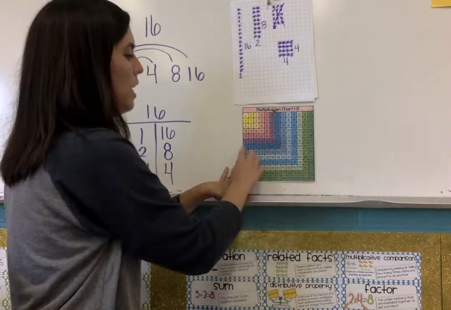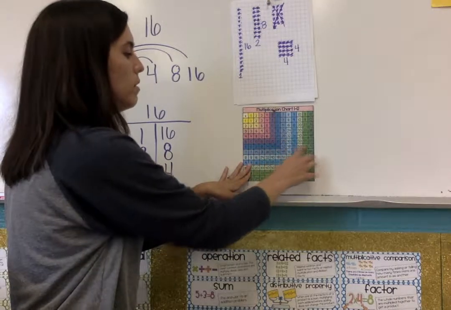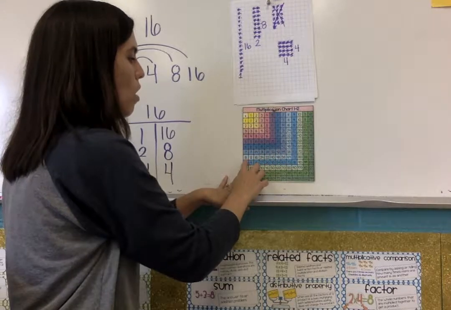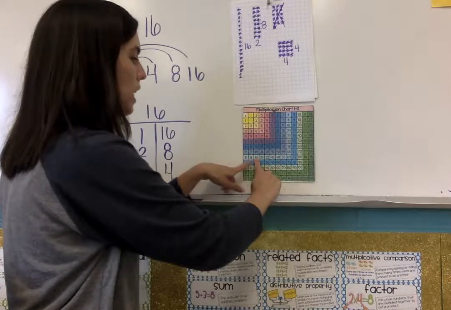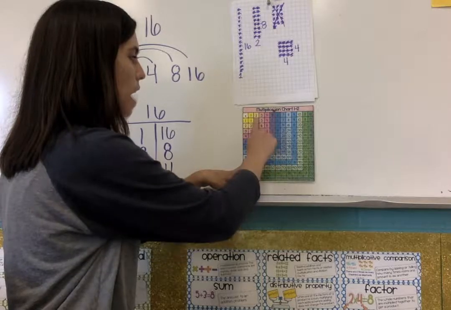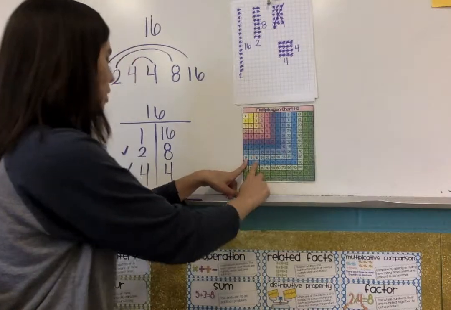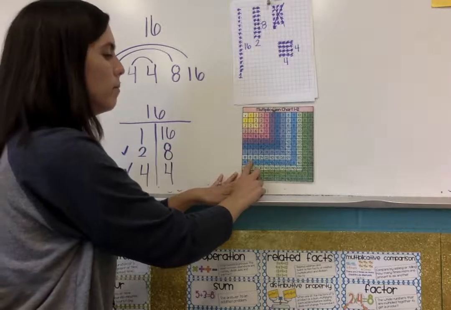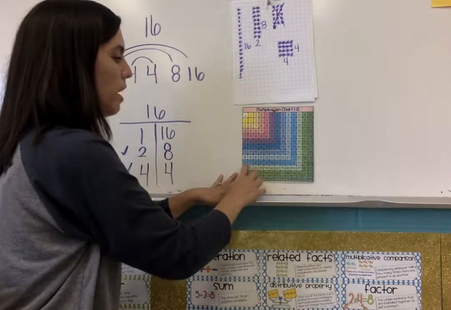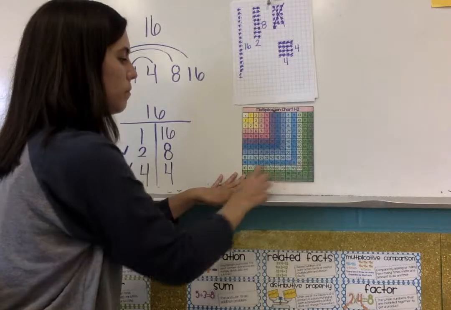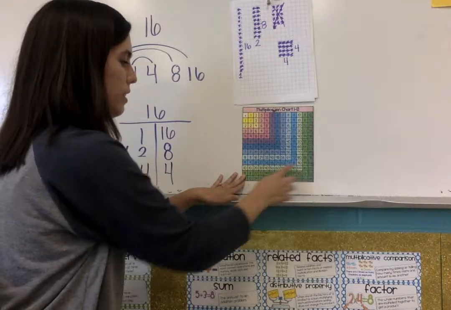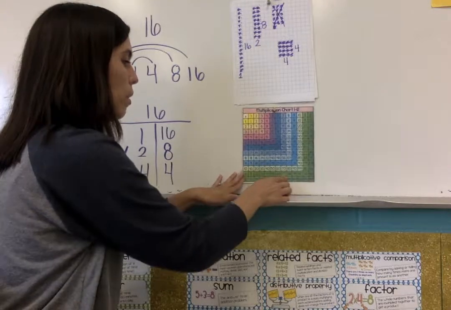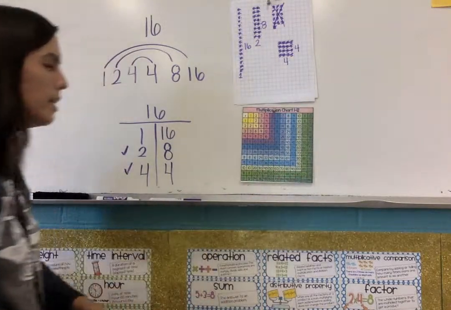Do I see any more 16s? Oh, here's another 16. 8 times 2. Well, we already have that right here, so we don't need to rewrite it. I'm going to keep on looking for that 16. I see 10, 11. Nope, I'm looking for 16. Oh, that was all the 16s that I could see.